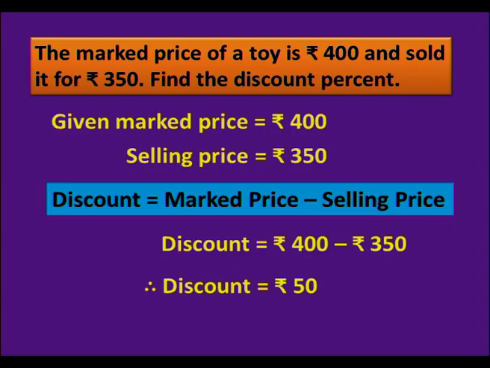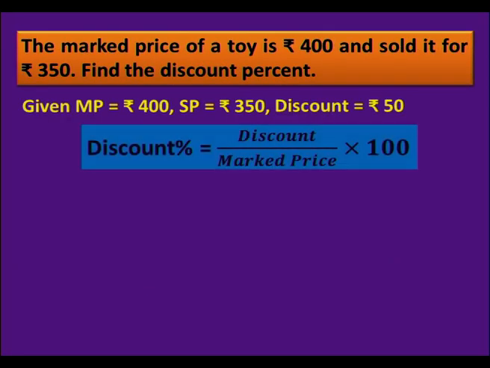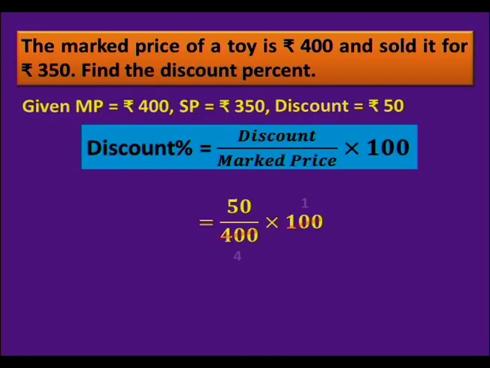But, children, our problem is not yet over. We have to calculate the discount percentage. So, discount percentage is given by discount by mark price into 100. Now, let us substitute the values. Discount is 50 divided by mark price 400, into 100. Now, 100 goes 4 times in 400, whereas in 100 it goes 1 time only.